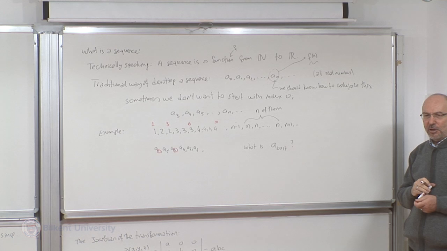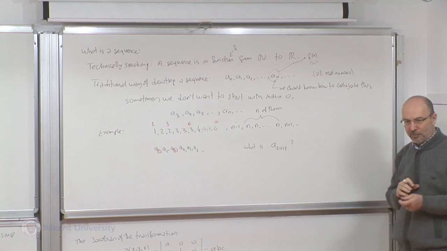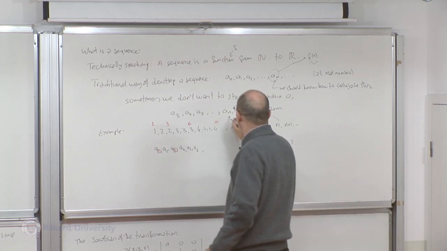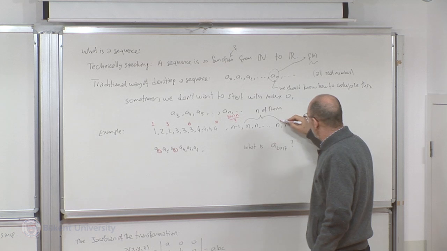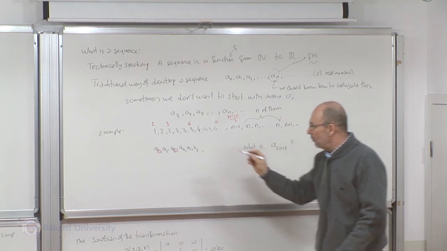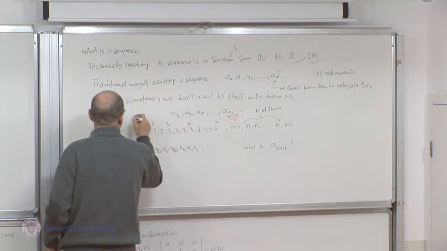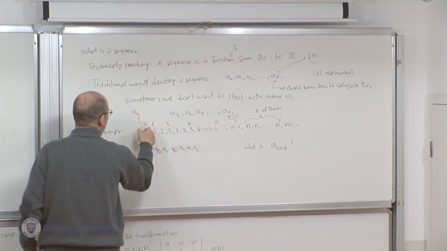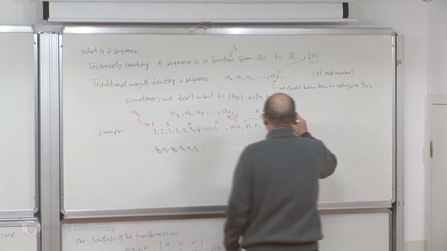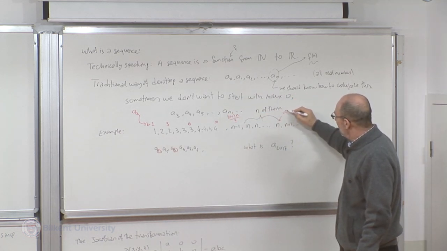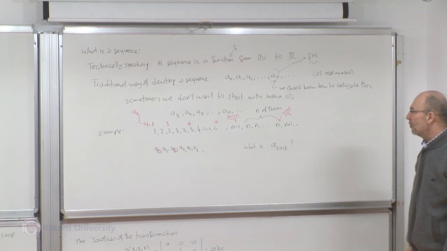You add up all integers from 1 to n minus 1: n minus 1 times n over 2. What is the index of this? So let me say these are indices, K's. So this one is now n plus 1 over 2, right?